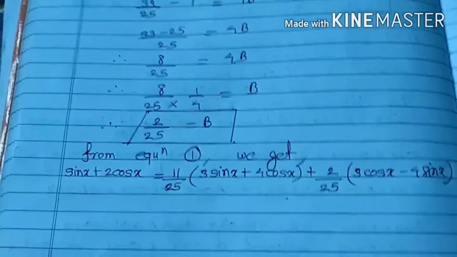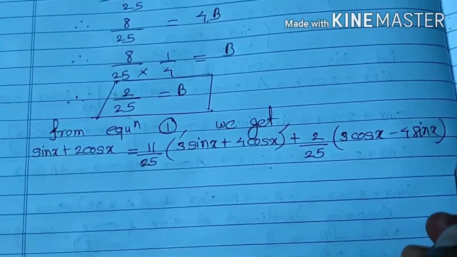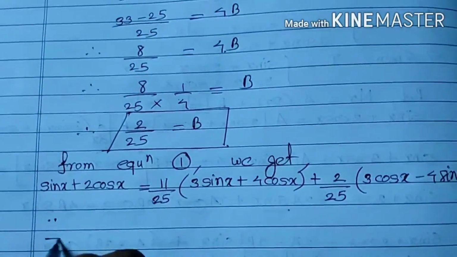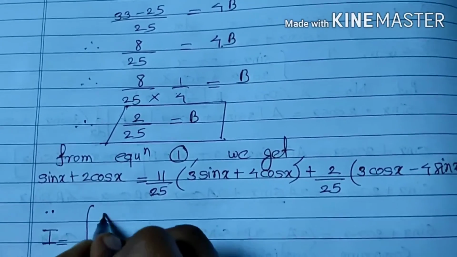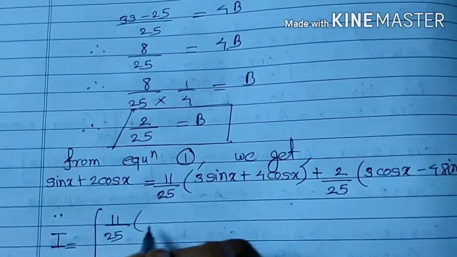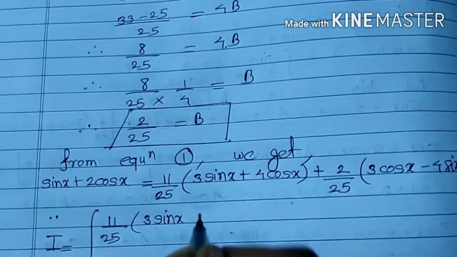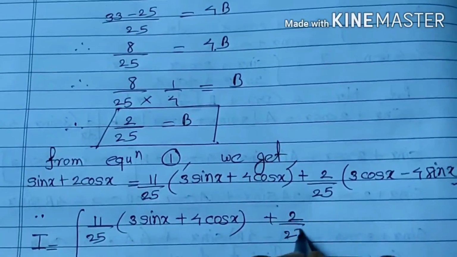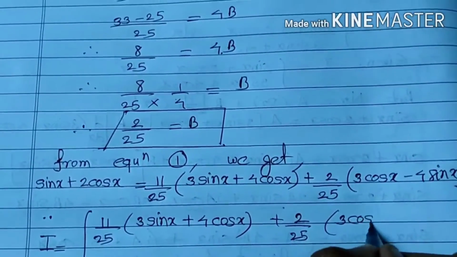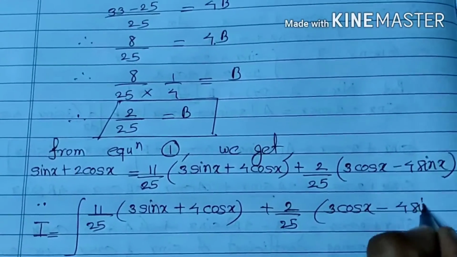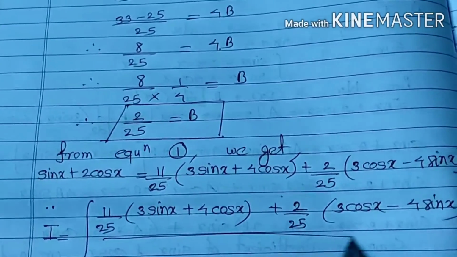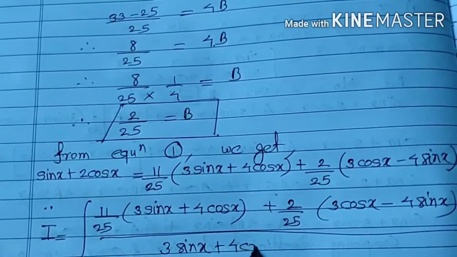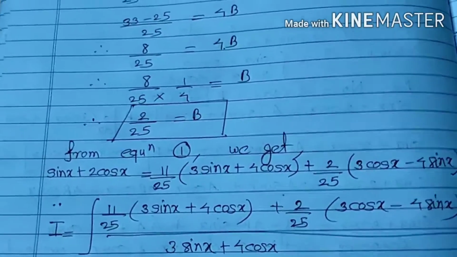So our integration will become, this is the value of the numerator, so put this value in the numerator. We get I is equal to the integration of [11 upon 25 (3 sin x plus 4 cos x) plus 2 upon 25 (3 cos x minus 4 sin x)] upon (3 sin x plus 4 cos x) dx.